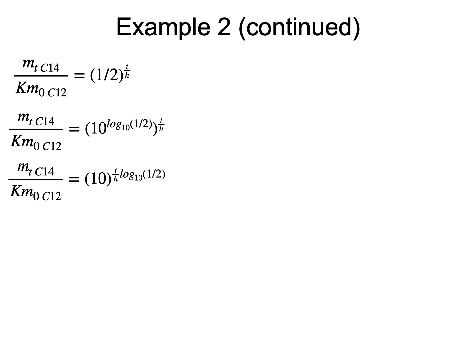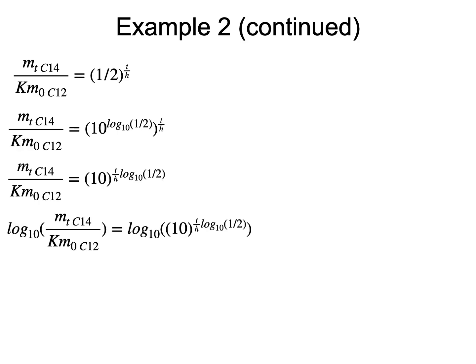Just like x squared cubed is equal to x to the power of 6, 6 being the product of 2 and 3. Next, we can evaluate the log base 10 on both sides, since the exponent you have to give to 10 on the left-hand side of the equation must be the same exponent for the right-hand side.